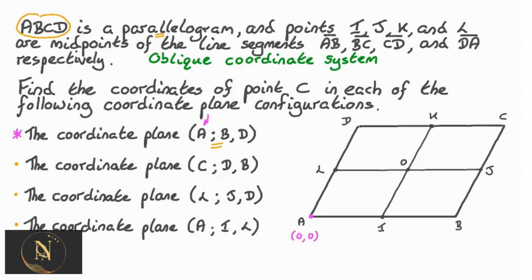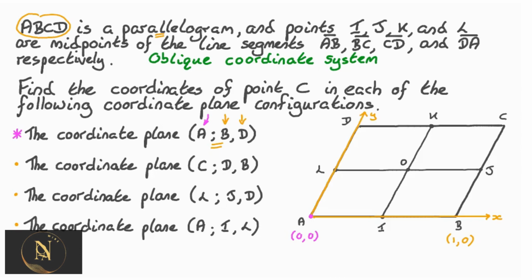When the coordinate plane is written using this notation, the first letter corresponds to the origin. This means that point A has coordinates 0, 0. The second letter means that AB is the x-axis, with line segment AB its unit length. In this coordinate plane, point B has coordinates 1, 0.